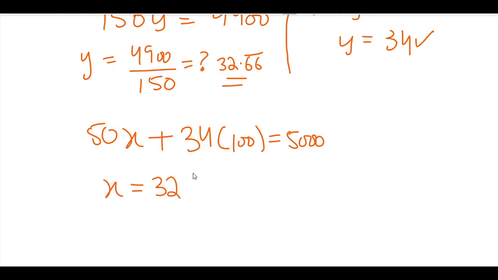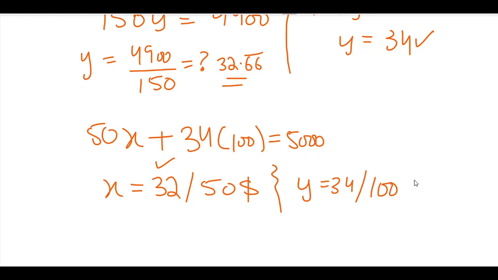So $50 worth checks have 32 in number, and 34 checks have $100 worth. Okay, and now what I need to do is, so what is the total?